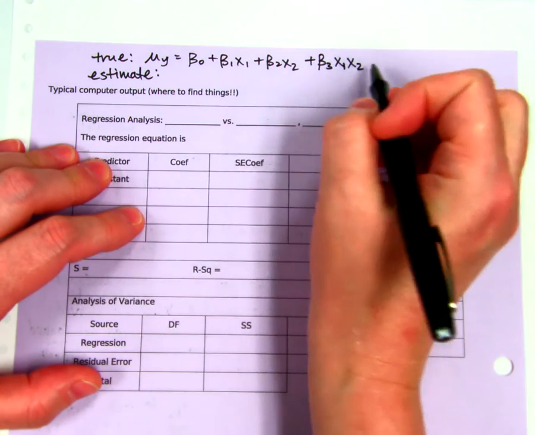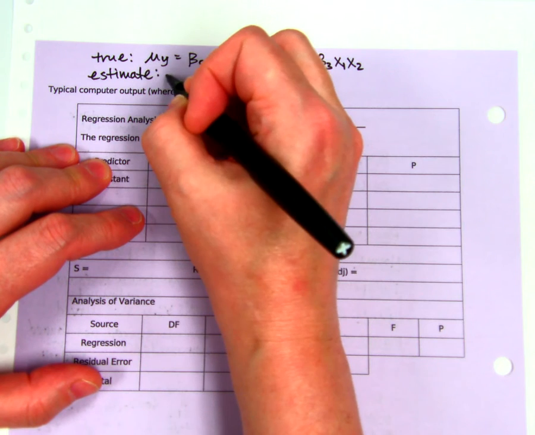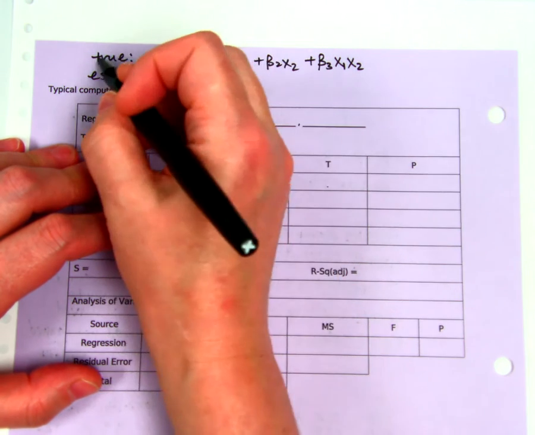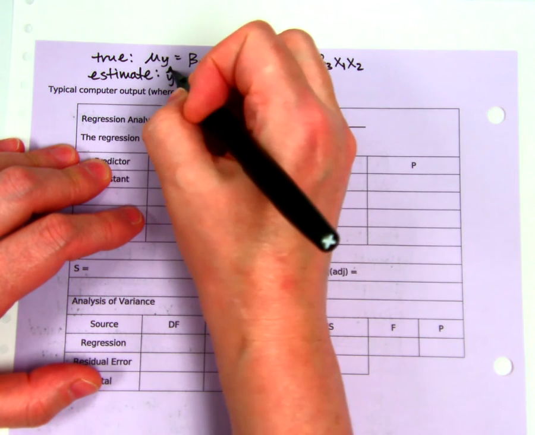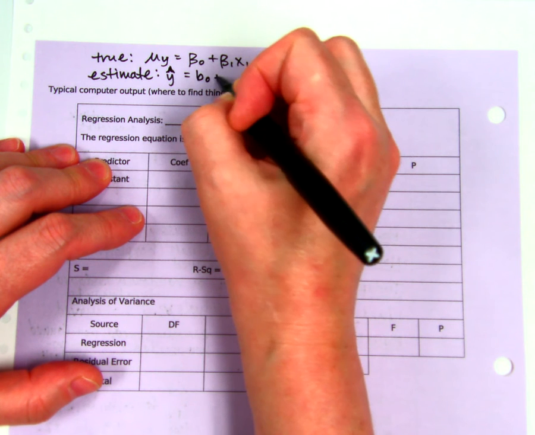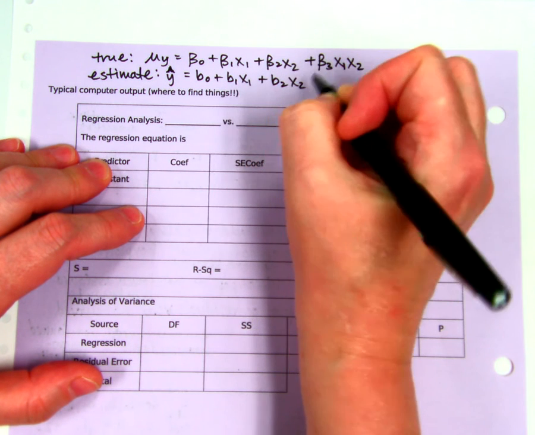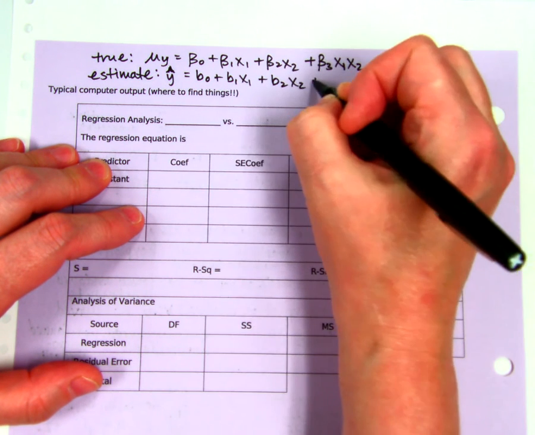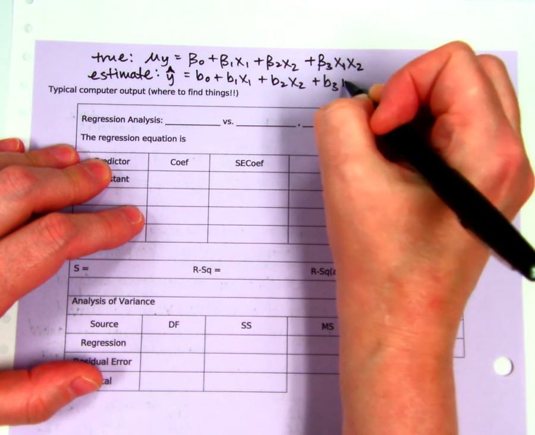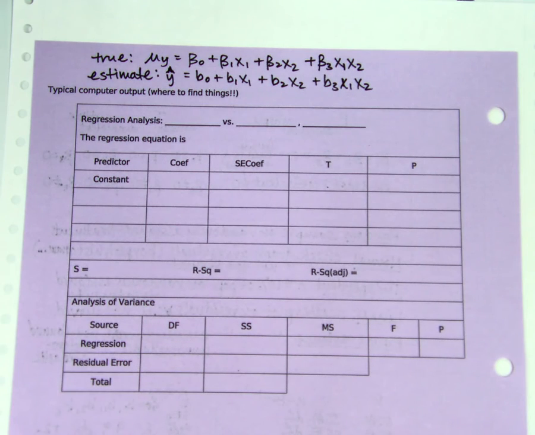And all of this repeats with the estimates, except now instead of mu y, we call it y hat. So this is the population and a sample, basically. And these become b's instead of betas. So b0 plus b1 x1 plus b2 x2. Sometimes we stop there. Sometimes we add interaction. So that's what we're basing all of this on.